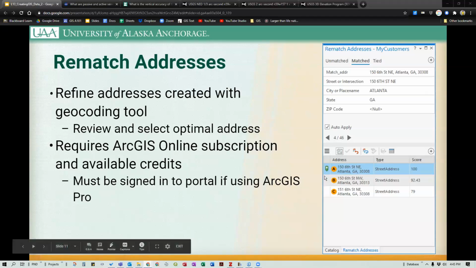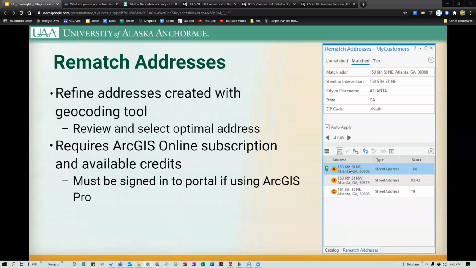So these databases actually include parcel information that says, okay, there is a 150 6th Street Northeast, but there's also a 150 6th Street Northwest. They wouldn't suggest this address if it didn't exist. So if there wasn't a parcel out there, it wouldn't be included in your list of suggestions. So that's one of the tools that's powerful for this.